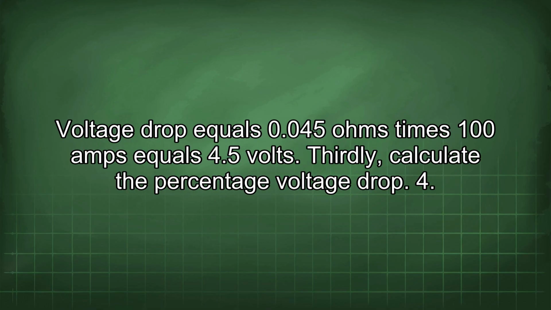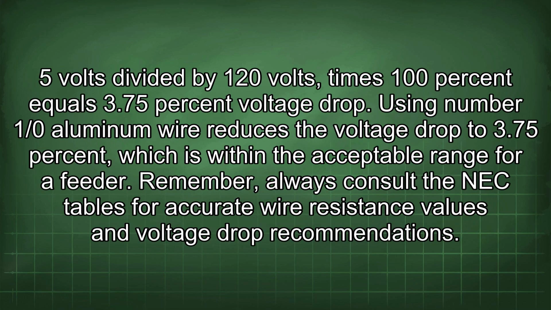Voltage drop equals 0.45 ohms times 100 amps equals 4.5 volts. Thirdly, calculate the percentage voltage drop. 4.5 volts divided by 120 volts times 100% equals 3.75% voltage drop. Using number 1/0 aluminum wire reduces the voltage drop to 3.75%, which is within the acceptable range for a feeder.